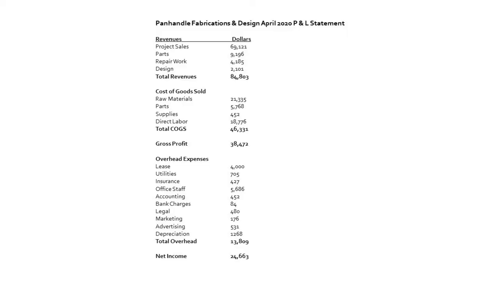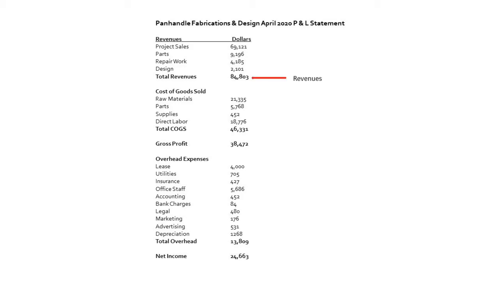Well, that story starts with the classic profit and loss statement. And here's an example of a profit and loss statement that's properly formatted for financial management use. And what we'll do is go through and talk about the principal components of this statement, starting with revenues.